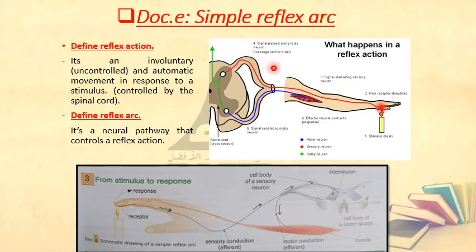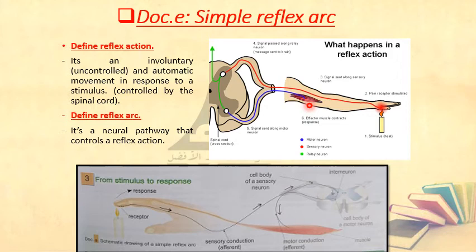The sensory neuron's cell body is found in the spinal ganglion of the dorsal root, and then it moves toward the interneuron inside the gray matter of the spinal cord, and the interneuron gonna transmit another message to the motor neuron, whose cell body is found in the gray matter of the spinal cord toward the ventral side, and the message gonna move along the ventral root toward the muscle in order to achieve a reflex action.